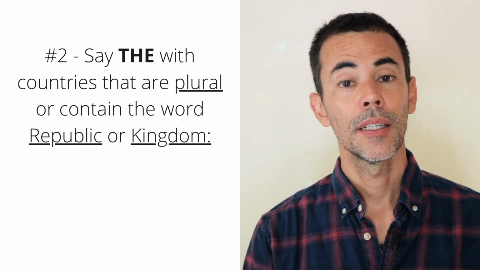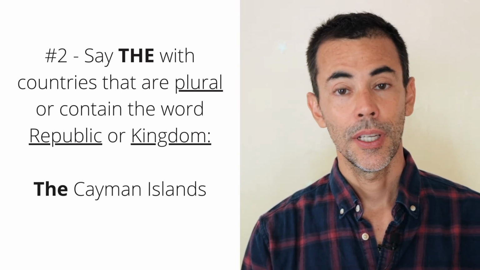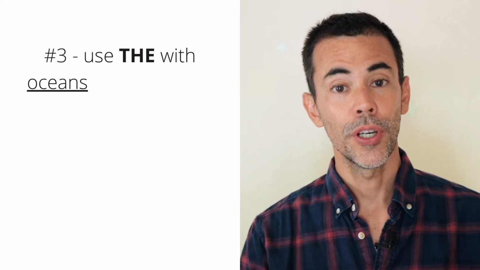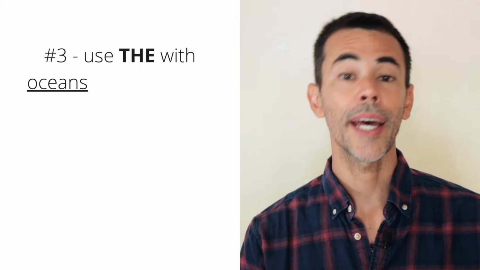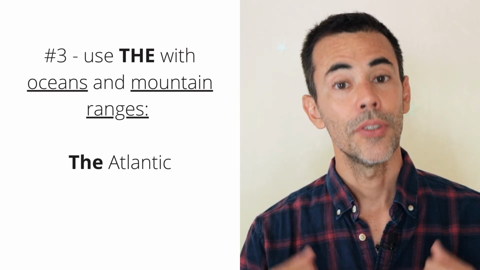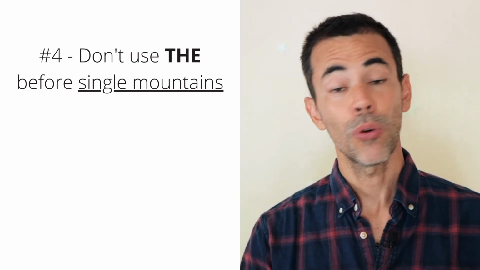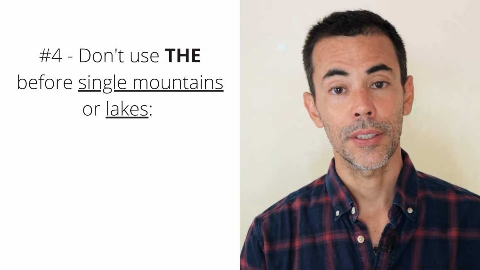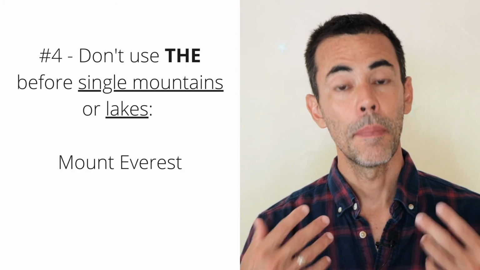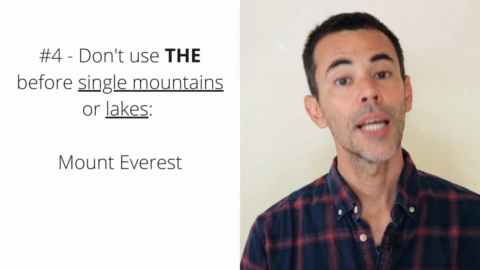So we say the Cayman Islands, the United Kingdom. Number 3, use the with oceans and mountain ranges. The Atlantic, the Rocky Mountains. Number 4, don't use the before single mountains or lakes. So we say Mount Everest, Lake Geneva.